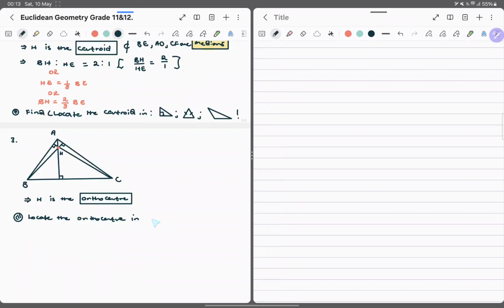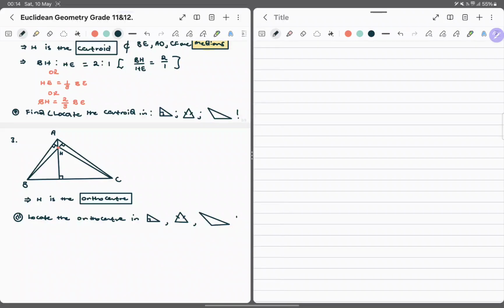Orthocenter in a right angled triangle, isosceles triangle, or an obtuse angled triangle.